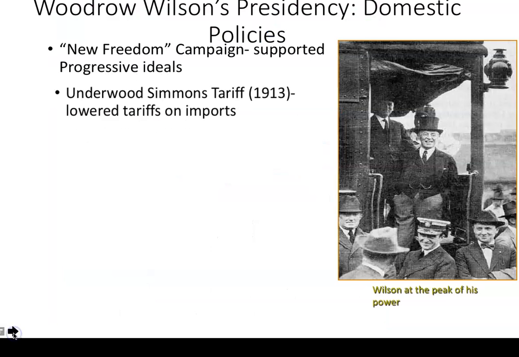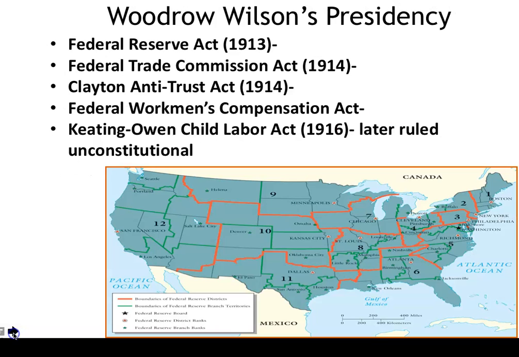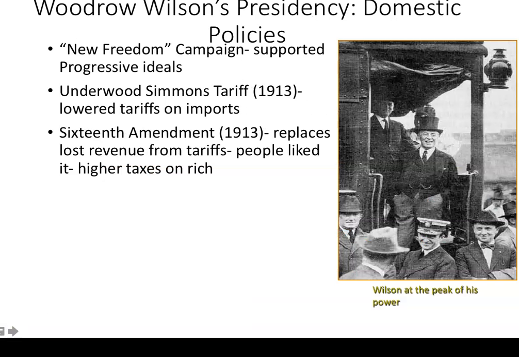So Wilson becomes president, and we're not going to talk a lot about Wilson's policies, but in terms of Wilson's domestic policies, meaning what he does for the United States, he had campaigned on a New Freedom campaign, definitely supporting some progressive ideals, and he supports a lower tariff, or a lower tax on imported goods.